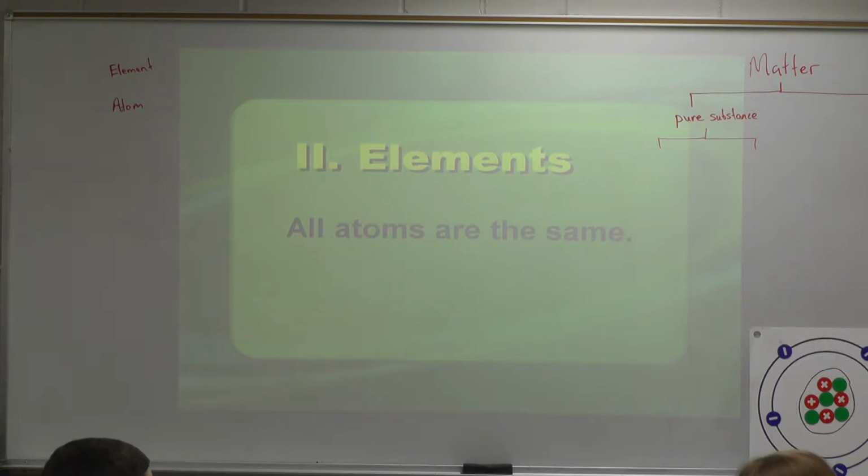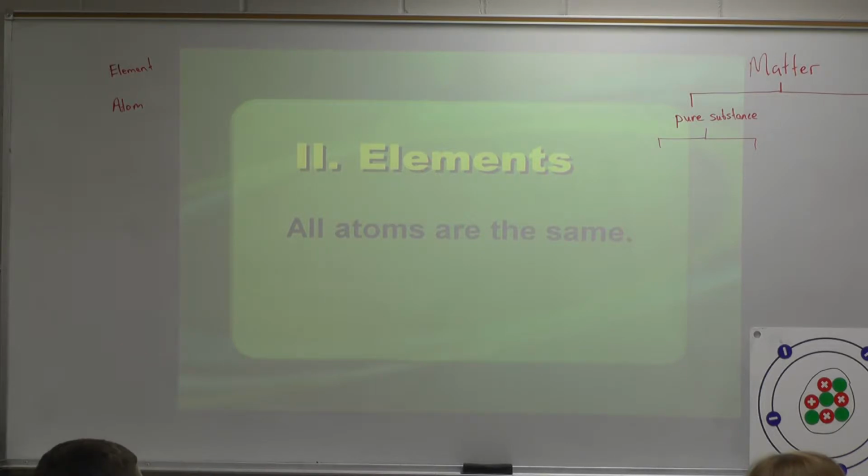For example, hydrogen: the smallest particle that you have for hydrogen would be an atom. Its name, we call it the element, what? Hydrogen. Hydrogen's the name, the atom is the particle itself. Helium would be the name of the element. If I was talking about a helium element, its smallest particle would be an atom. Make sense? If I'm talking about potassium, that's the name of the element.